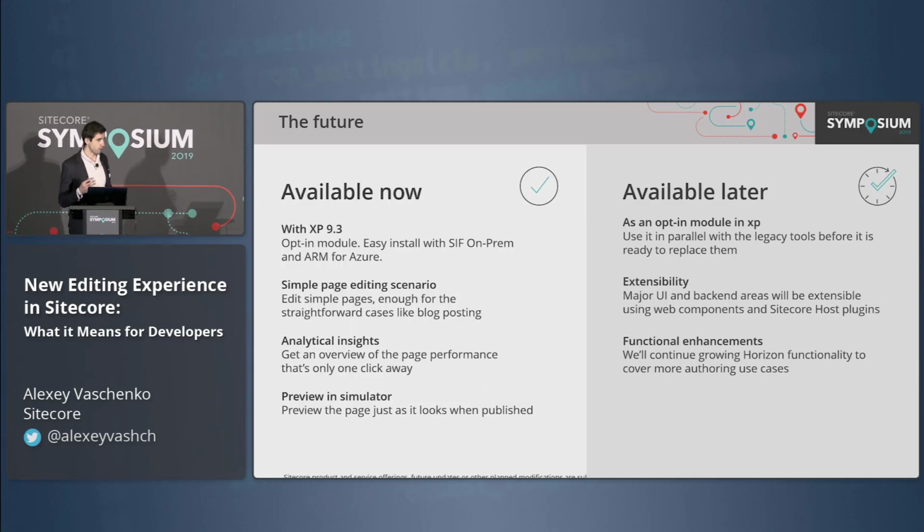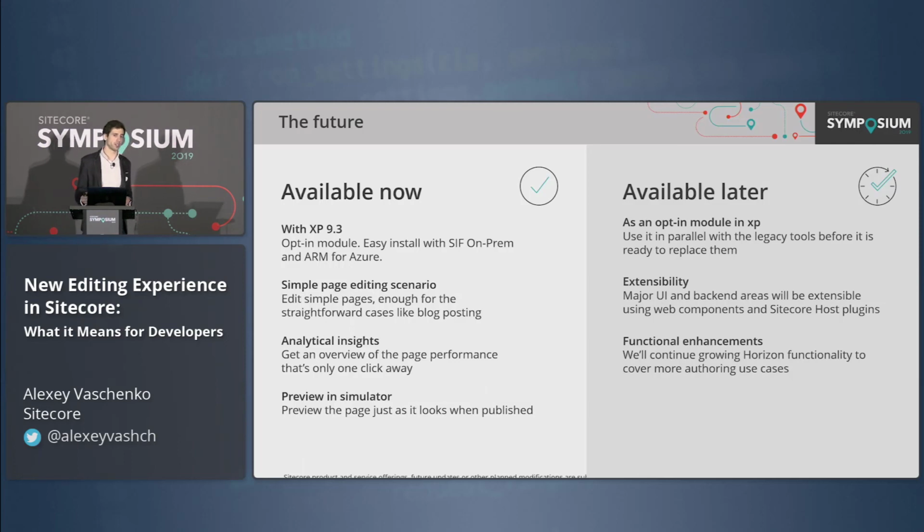What we are working on for a future release is this extensibility story. Again, opt-in as a module in XP, the extensibility mechanism, all the API, all the infrastructure, how to interact, and the communication will be released in the next version.